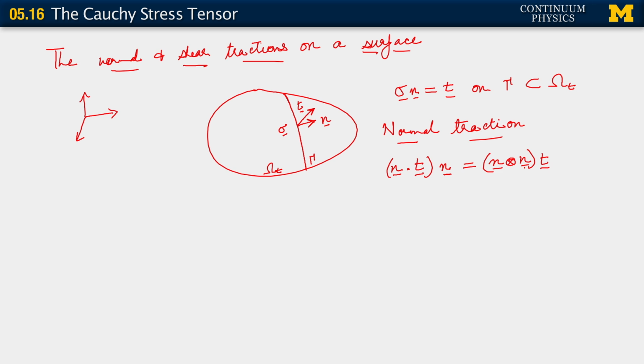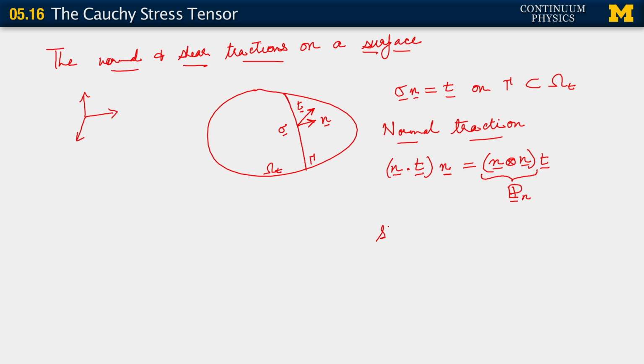That's in fact the definition of the tensor product. Many units ago we had introduced this when we were studying the dyadic product, and we noted that this was what we call a projection tensor, and we denoted it as P sub n. So we observe that the normal component of the traction can be obtained by this projection tensor acting on t.